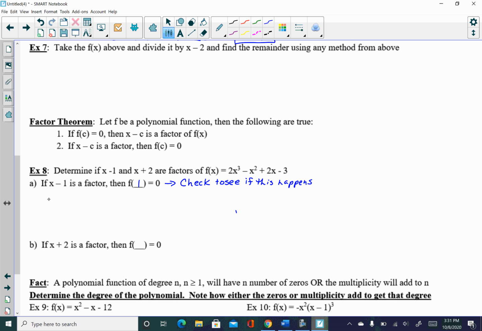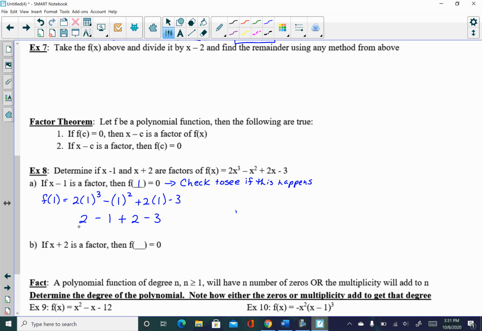So I will find f of 1 here. So f of 1 would equal 2 times 1 cubed minus 1 squared plus 2 times 1 minus 3. We'll just sort of work through it here. 1 cubed still 1, so 1 times 2, still 2. 1 squared is 1. Next term, 2 times 1 is 2. And you have minus 3.